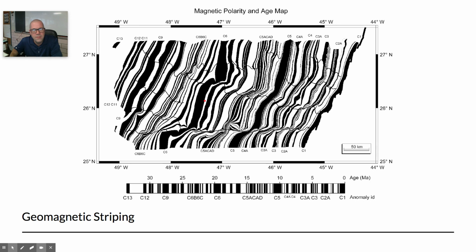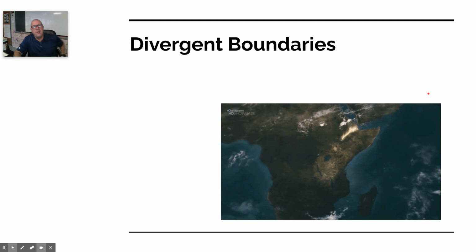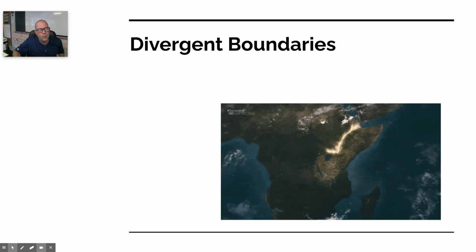So we can tell a lot about our magnetic field by looking at magnetic minerals on the seafloor. Pretty neat.